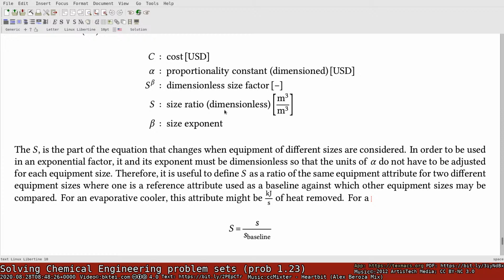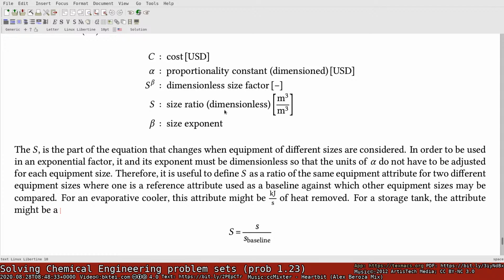For a storage tank, the attribute might be the surface area, or it might be the volumetric capacity. Volumetric capacity of the tank.